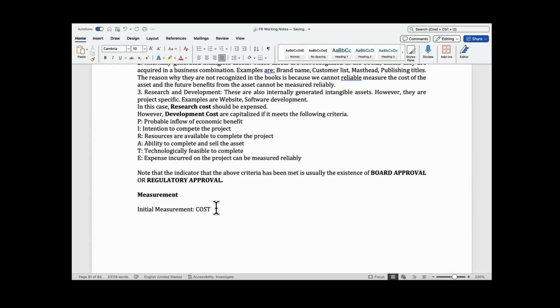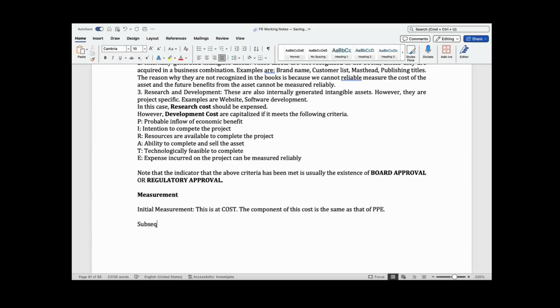Initial measurement is at cost, and the components of this cost are the same as those of PPE. That is purchase price, import duties, non-refundable purchase taxes, less trade discounts and rebates, and directly attributable cost. All of that, the same.